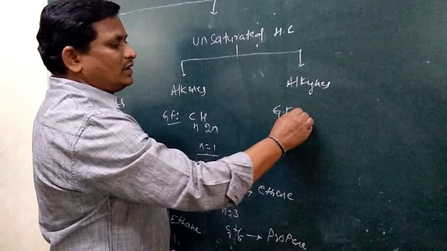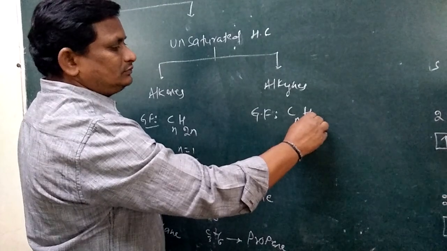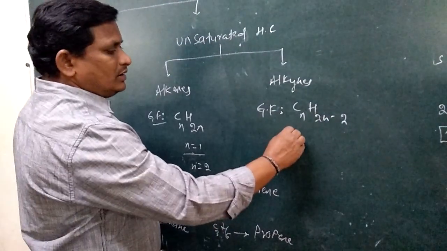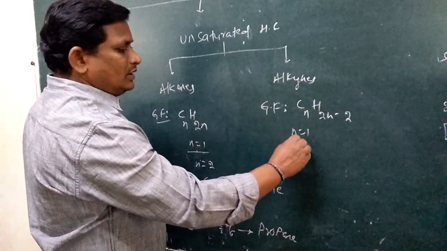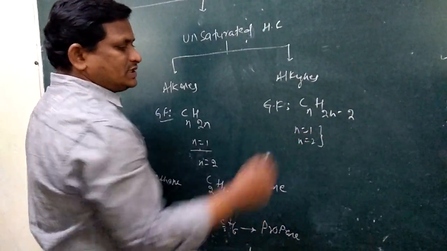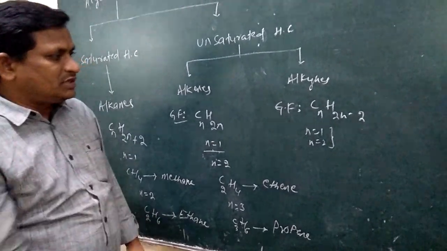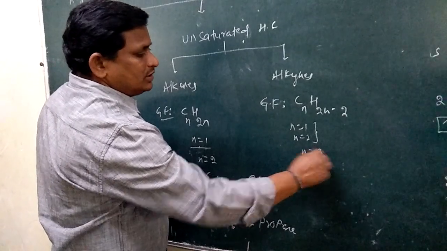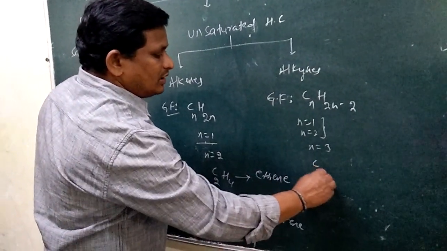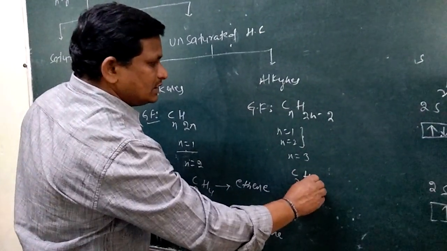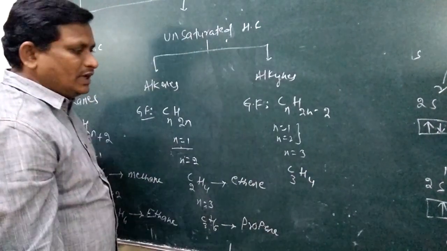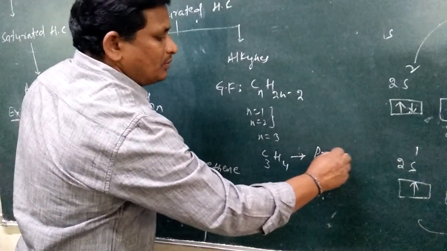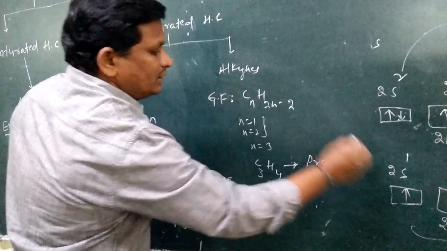The next one is alkynes. The alkynes general formula is CnH2n minus 2. For n equals 1 or 2, it does not exist, because a triple bond must be present between two carbons. If n equals 3, the molecular formula is C3H4, and the compound is propyne.